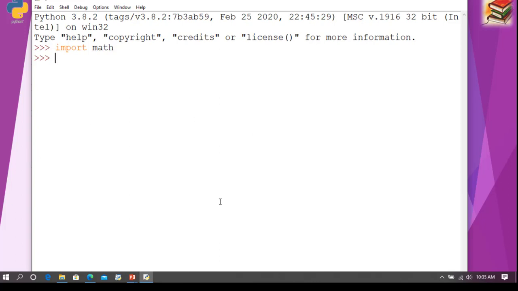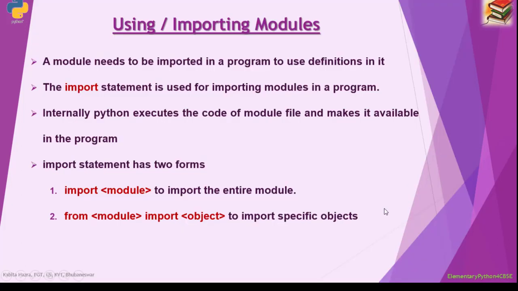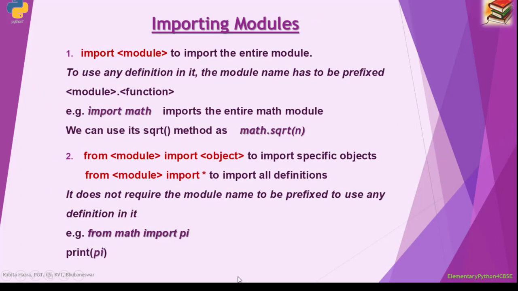To use the modules that are imported with the import statement, we need to provide the module name, and we can use the object dot notation like this. To use any definition in this, the module name has to be prefixed. So if we are importing math and we want to use the square root method, then we have to use it like math dot square root.